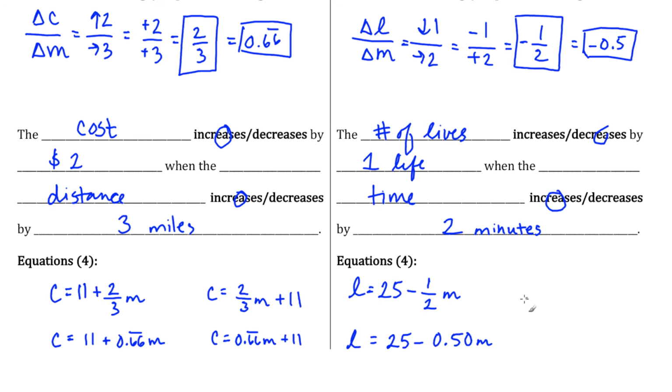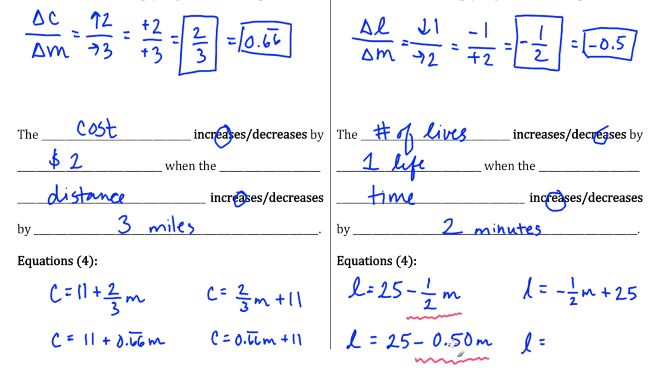Let's go ahead and write the other ones. This is where you've got to be careful. That negative is with the 1/2 m. That negative is with the 0.5 m. So when you write this first, you have to put -1/2 m, and then that 25 is a positive 25, so it's plus 25.